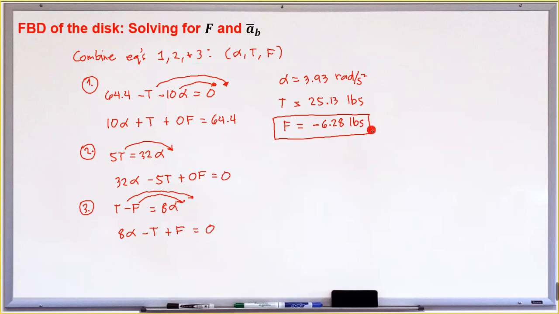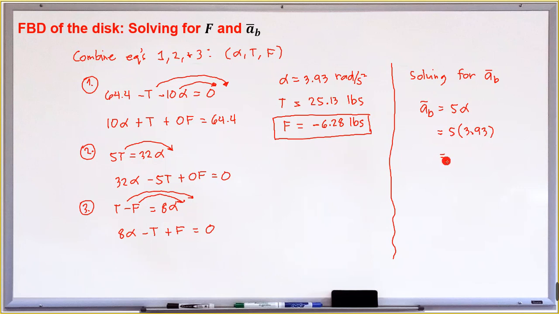Okay. And then next is our acceleration for B. Solving for a bar B, using the relation, a bar B is equal to 5 alpha. So that is 5 times our alpha, 3.93.